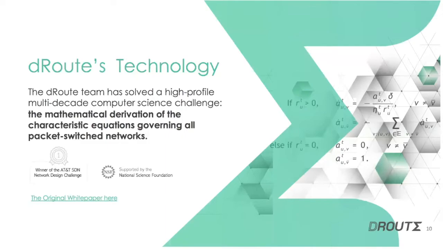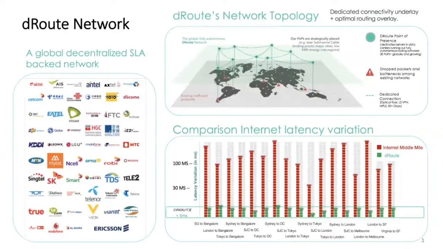And that's the reason why we are able to guarantee network latency variation, guarantee extremely low packet loss, and guarantee low bounds for network latency, right? So this is our DRoute network that we've built, which is a global network. And we have gone to each operator in every country and built a blend of networks using circuits and POPs from multiple operators.